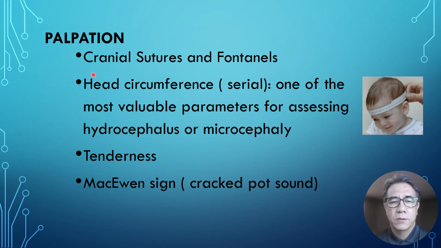So when you measure the head, this is the way you measure the head. You palpate the cranial sutures, the fontanelles, see if there's any swelling, any palpable masses, crackpot sign, which is not normally obtained anyway, but just focus on head circumference, the sutures, and the fontanelle.